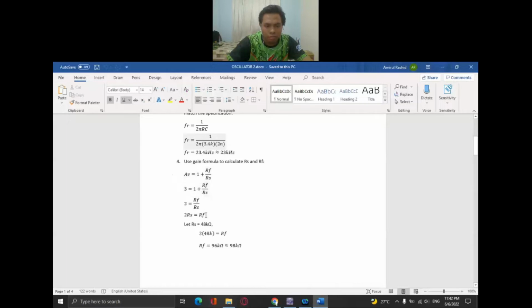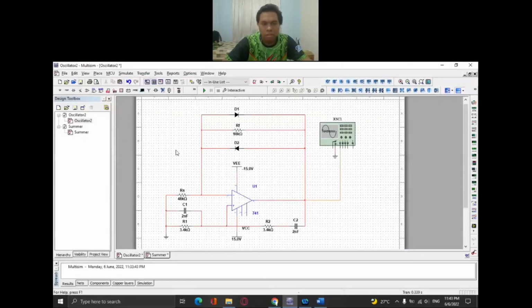Now, let's assume RS is 48K. Then we get the value of RF as 96 kilo ohm, which we assume as 98K for the simulation. Now to the simulation.